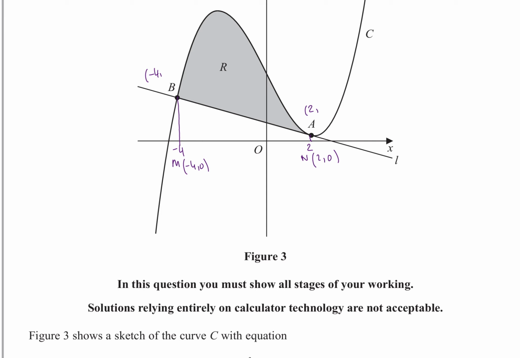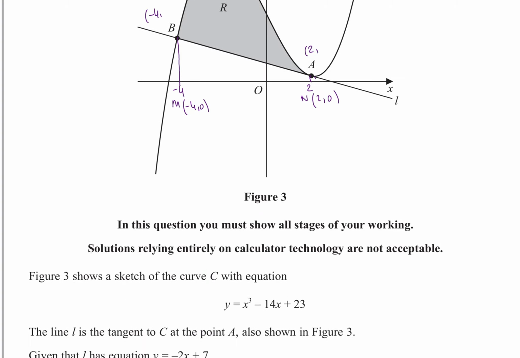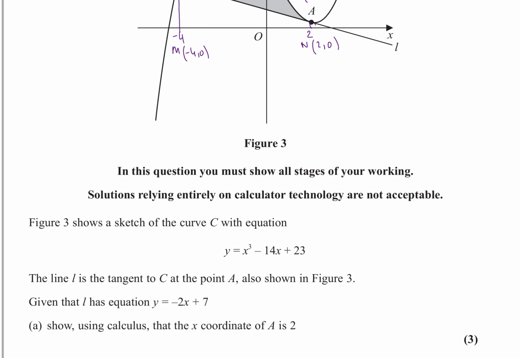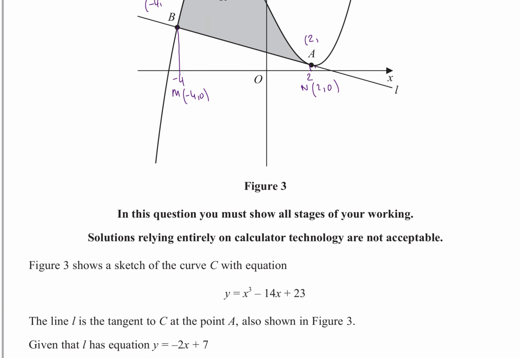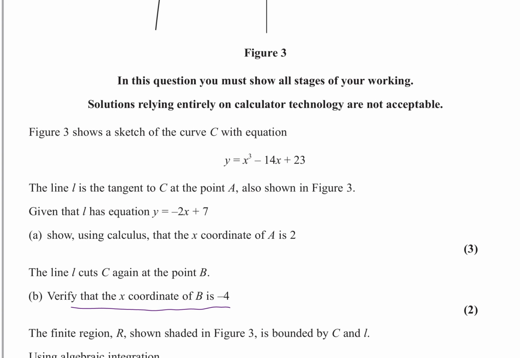To find the area of a trapezium, you need to find the height, so we need to find the y-coordinates. To find them, we need to substitute the value of x. If x is minus 4, what is the value of y in the equation of the line?